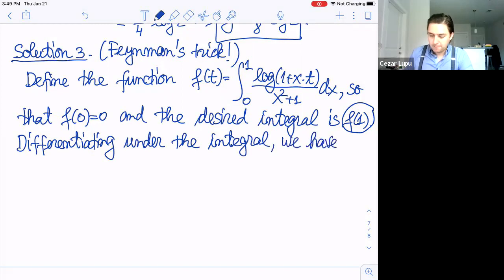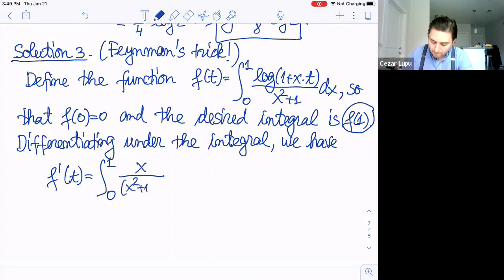f prime of t will be the integral from 0 to 1 of x over (x squared plus 1) times (1 plus xt) dx.